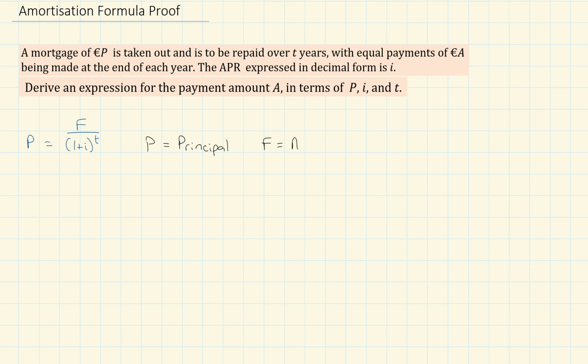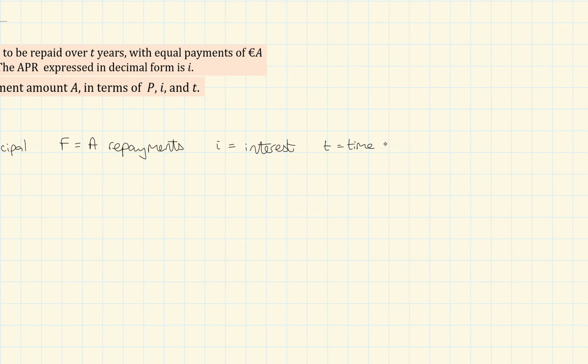F will be the A repayments, whatever they add up to. I is going to be the interest. And T is equal to the time, so the length of the loan. Another way to look at that maybe is number of repayments.